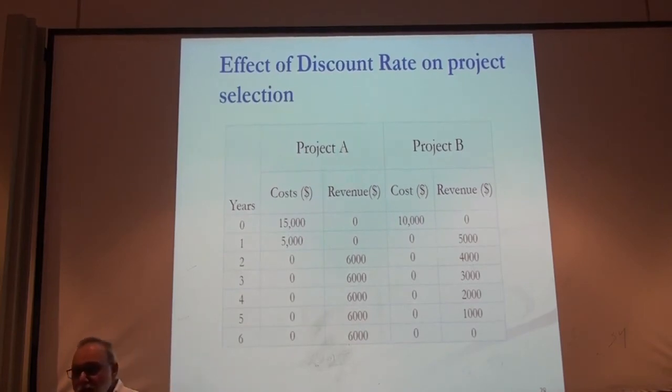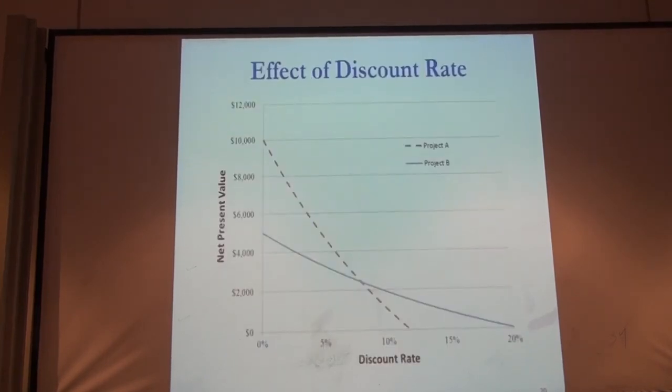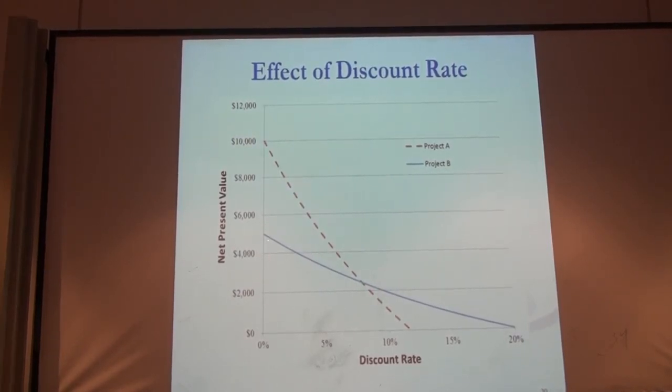So if the discount rate is 0, it is bringing $5,000. Now let's see the effect of changing the discount rate. Here we plot the two projects. Project A, when there is 0% discount rate, we have 10,000, and when we have 0% discount rate, project B is at 5,000.